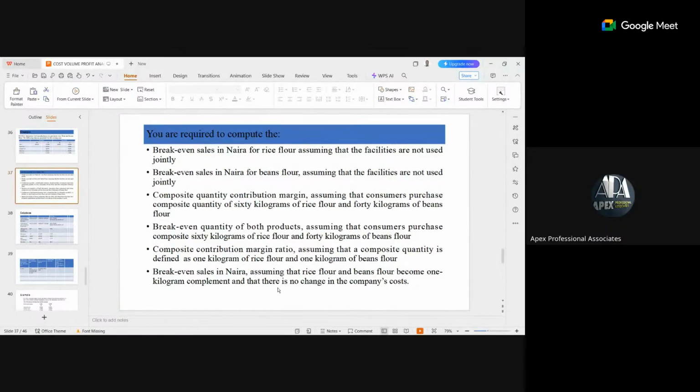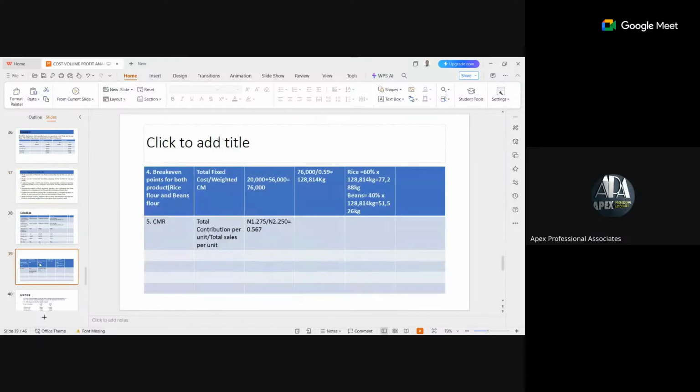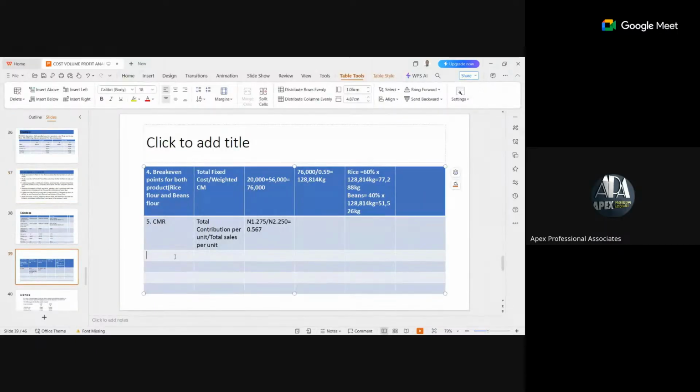It means that both products combined together, what will be the break-even point in Naira?